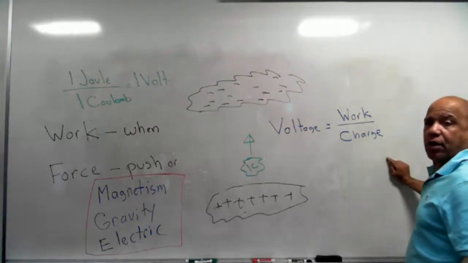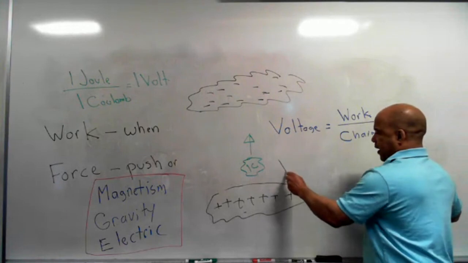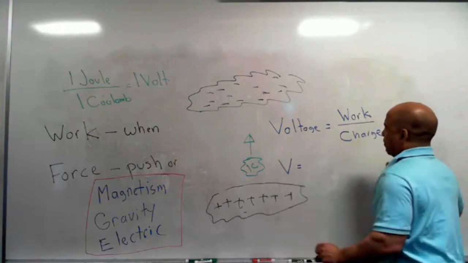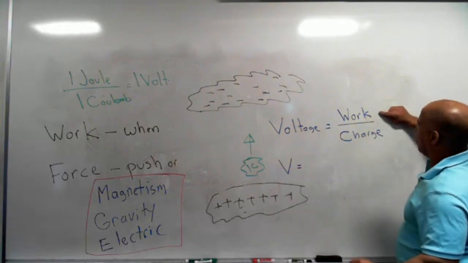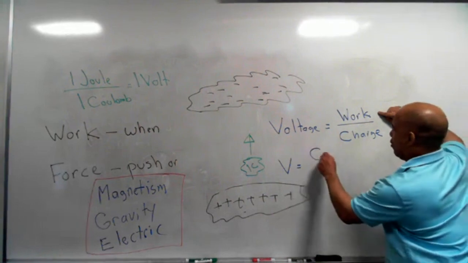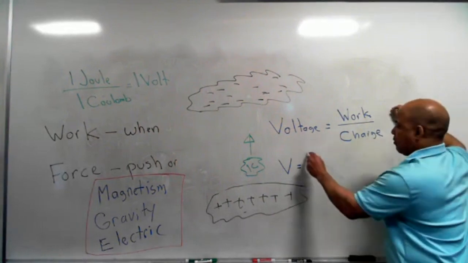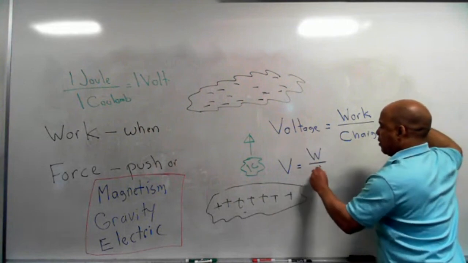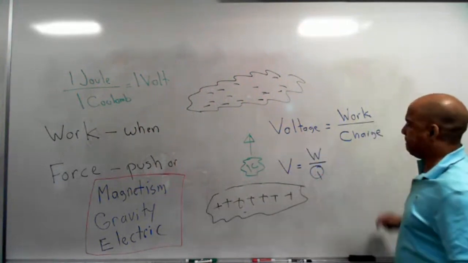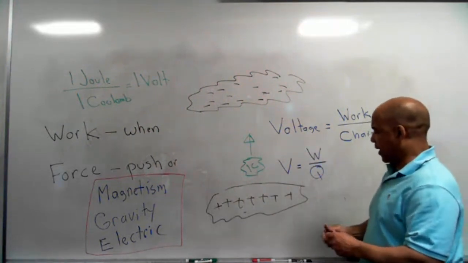So it's work per unit charge. So V equals, we'll use a W for work, W over Q. So there's a formula for you.